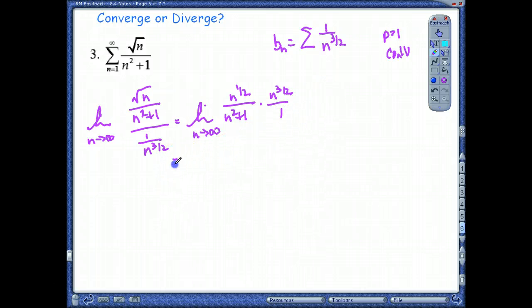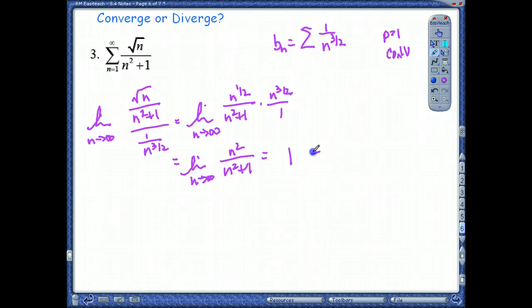Okay, so if I multiply straight across, I'm going to have n squared over n squared plus 1. Well, I am approaching infinity, so you're looking at the highest powered term on top against the highest powered term on the bottom. They are equal, so this is going to go to 1.